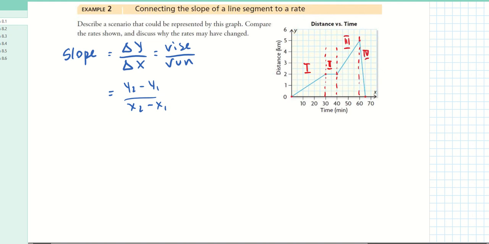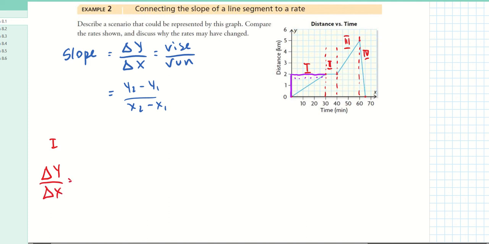All right. In order to find the slope, we need the change in y. From the graph, the change in y for the first part is 2 units of distance over 1, 2, 3, 4, 5, 6 squares of time, which corresponds to 30 minutes. So for the first interval, we have our change in y over change in x.